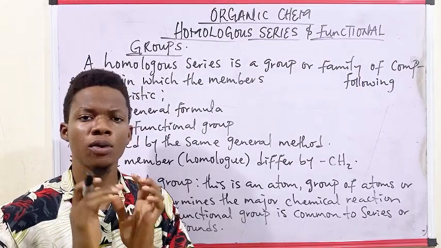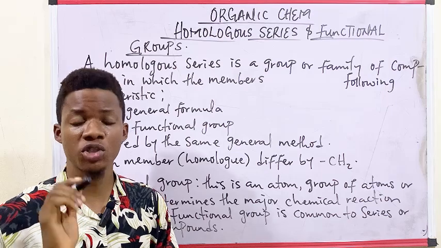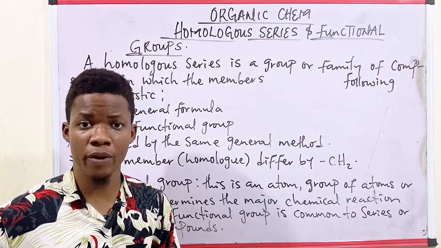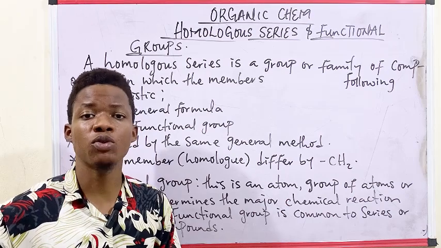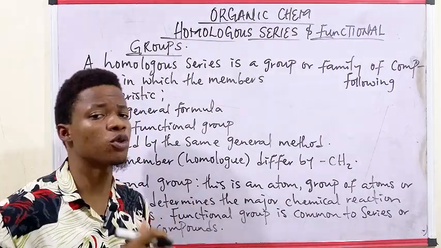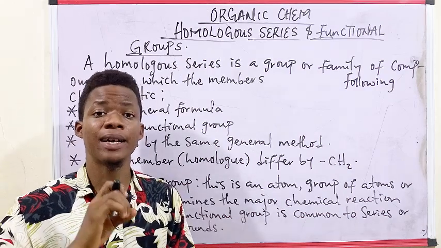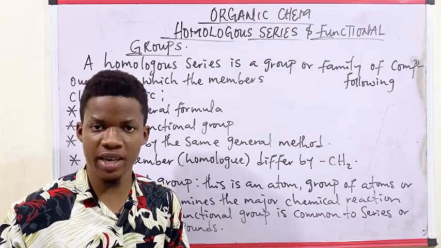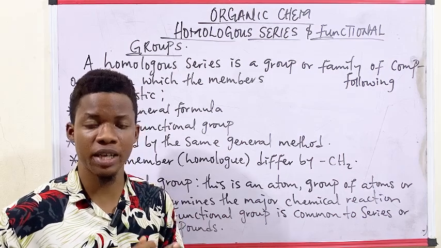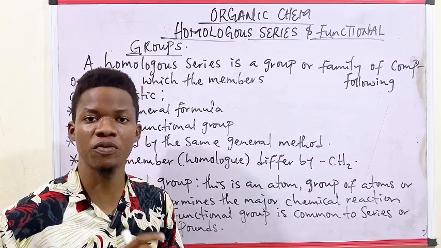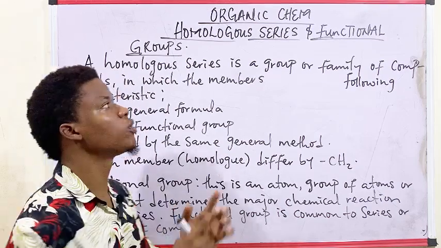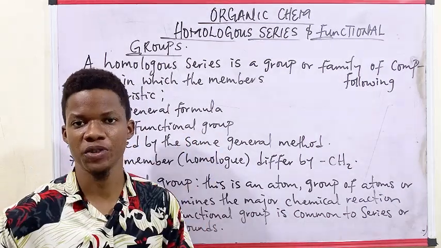Now, one core area I must tell you in order for you to be grounded in organic chemistry is the area of homologous series and functional group. I can bet 80% of students who have challenges with organic chemistry, if not 90%, don't understand homologous series.